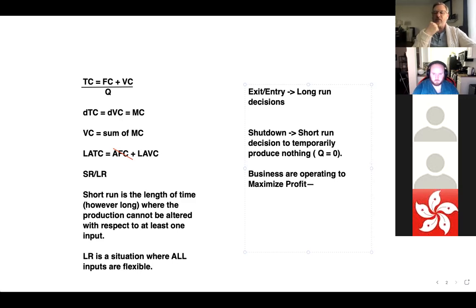Sometimes students get a little bit confused because, if you think about it, a good example is some of the outdoor clothing brands, like Patagonia or, pick North Face or something like that.